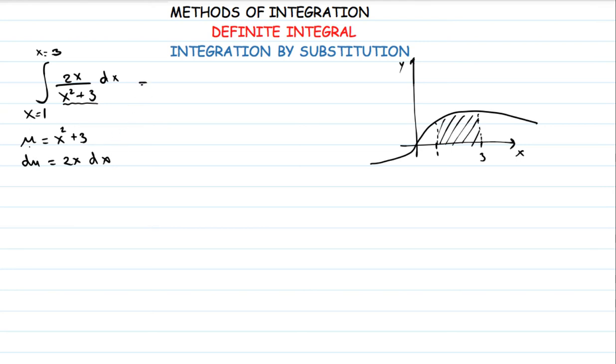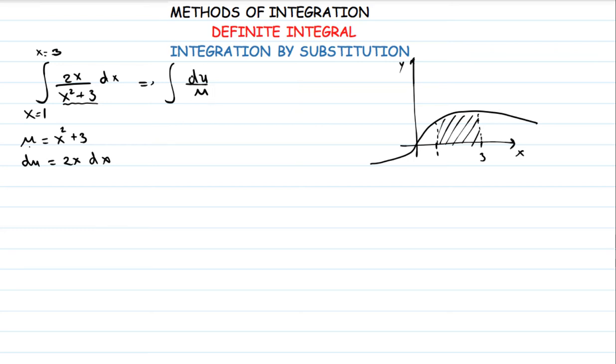Now what you're going to get is the integration of, you are replacing this x squared plus 3 with u and these 2x dx by du. So you're going to have du divided by u. This is what you get here.